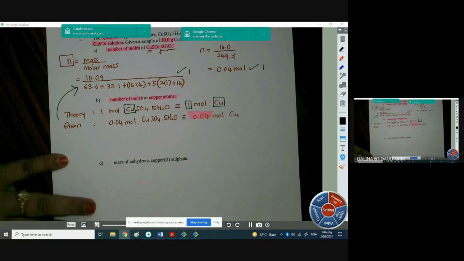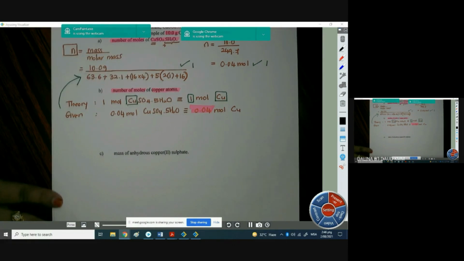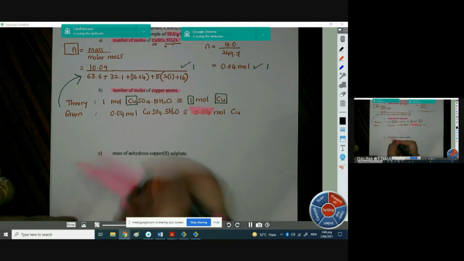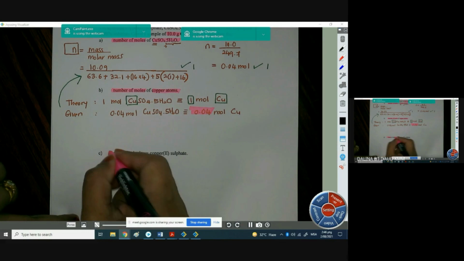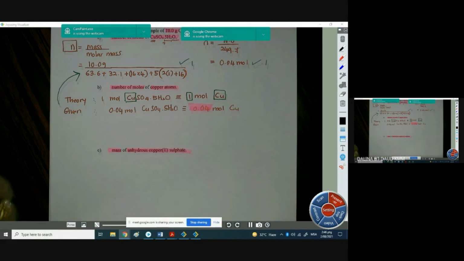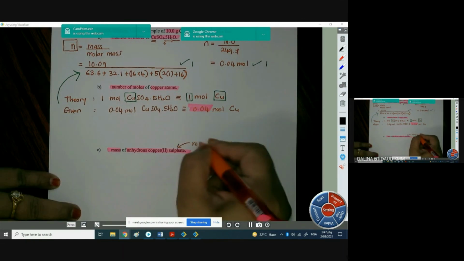The next question is C, the mass of anhydrous copper sulfate. Anhydrous here means it releases water. It has removed the water, so what remains is copper sulfate.